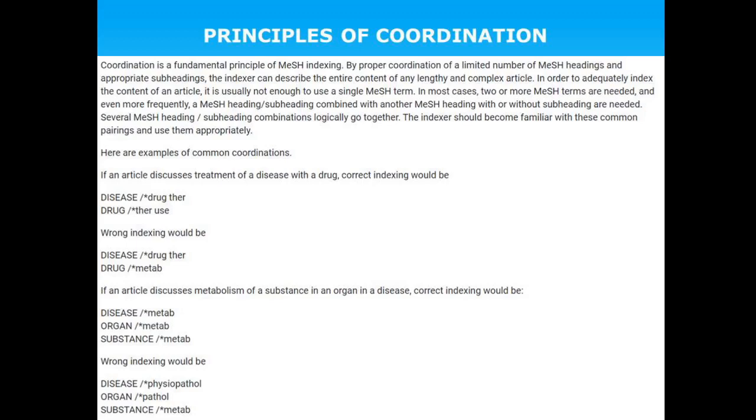Indexing would be the disease, and the drug with THER. THER is therapeutic use, the indexed abbreviation. Remember that. That will be the main heading, the IM. So you can represent drug and therapeutic use. Those are the indexed terms.